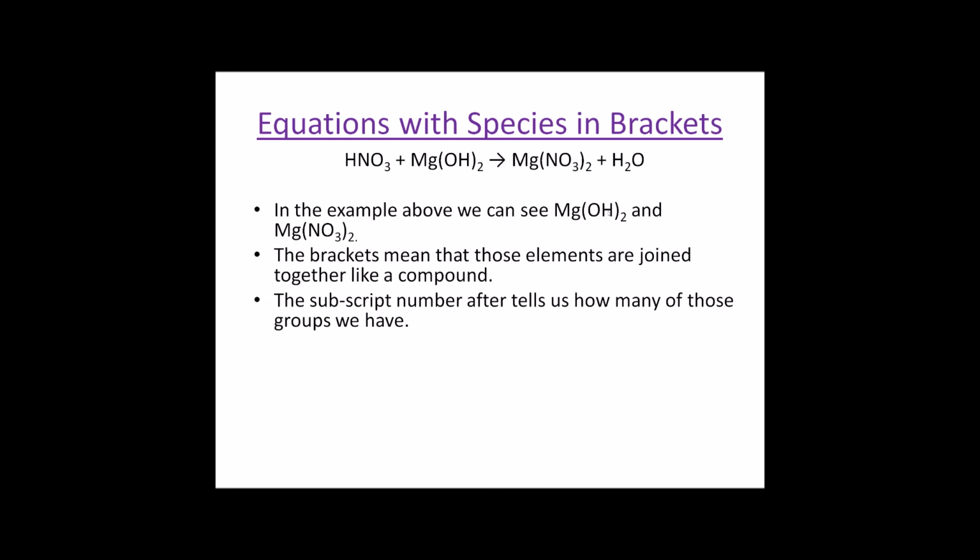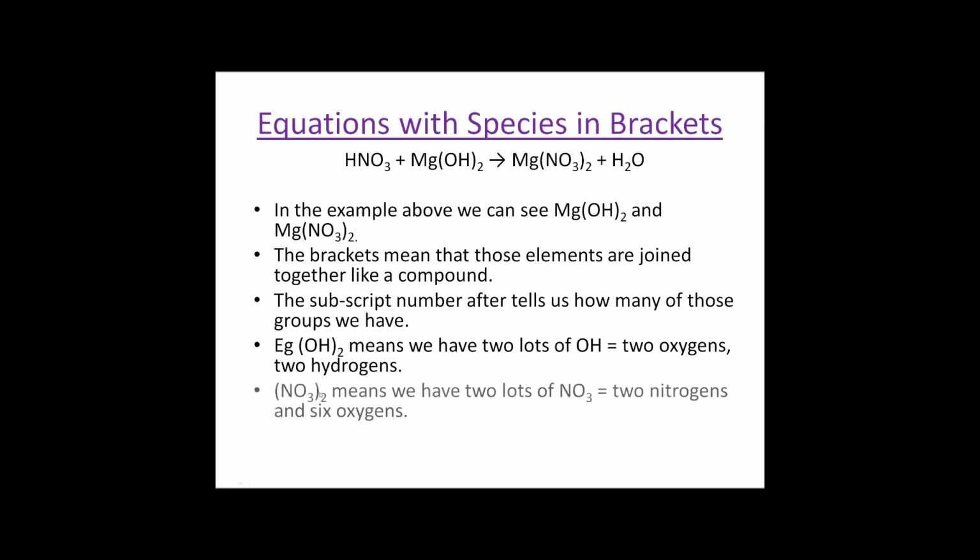So we've got 2 OHs, we've got 2 lots of NO3. So in 2 OHs we've got 2 times 1 oxygen, 2 times 1 hydrogen, so we get 2 oxygens, 2 hydrogens. In the NO3, 2 means we've got 2 lots of NO3, so we get 2 nitrogens and 6 oxygens. Okay, so they're in total joined together.